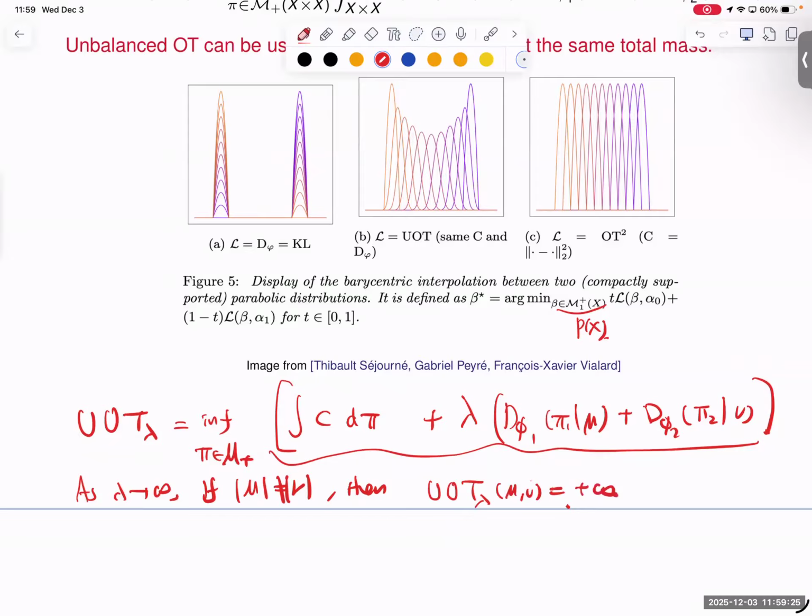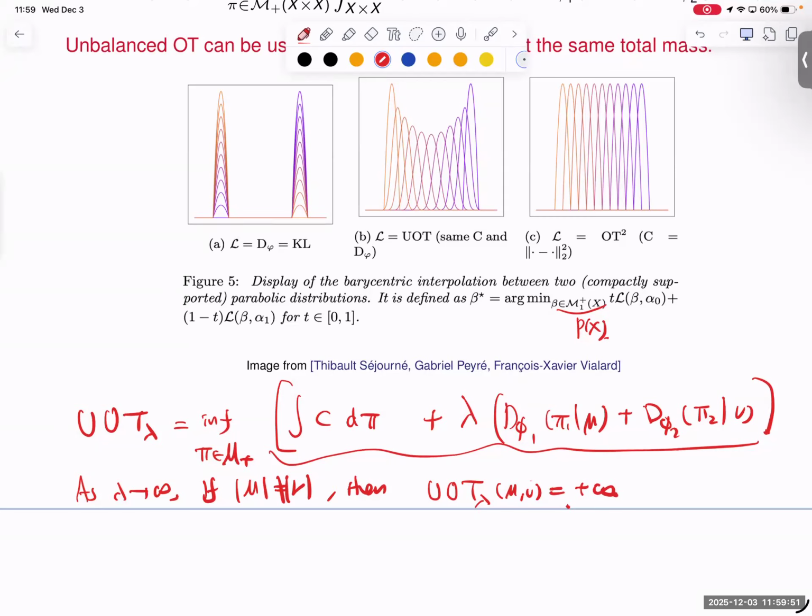Sorry, what was your question? We converge to the usual one, right? We still first assume mu and nu have the same mass, right? Yeah. So if they are different, then of course there's no way to converge to the usual optimal transport, because the usual optimal transport in that case does not exist.